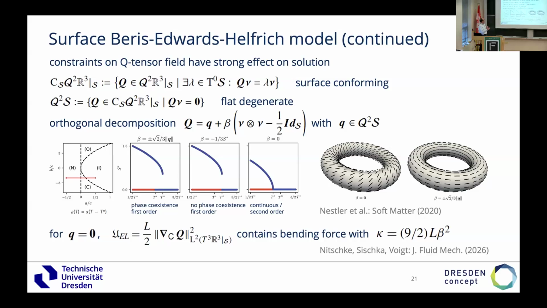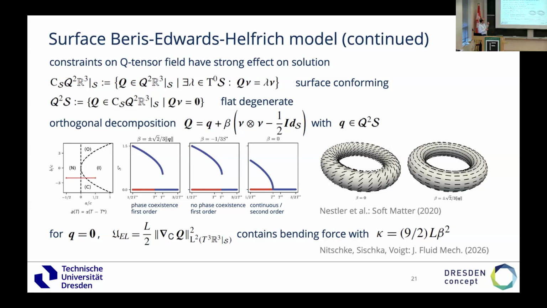Well, in the first case, we could expand our Q tensor field in R3 into a tangential Q tensor and a normal part. And as it now has consequences, is nicely shown already in 2D.